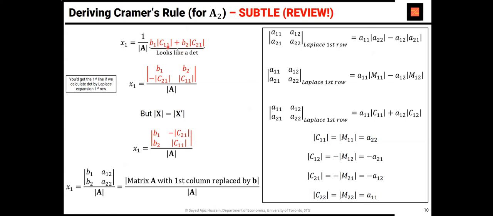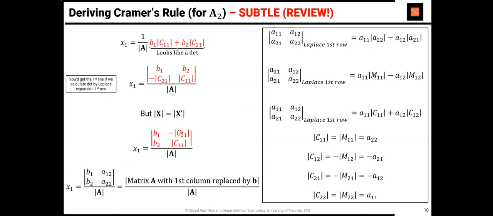So this quote-unquote determinant is of that matrix, and I had to write it this way to get that expression right here, because I'm expanding by the first row over here. But I remind myself that in the previous lecture, the determinant of a matrix is the same as the determinant of its transpose. So this determinant upstairs should be the same as this determinant down here. I've simply transposed the matrix inside.